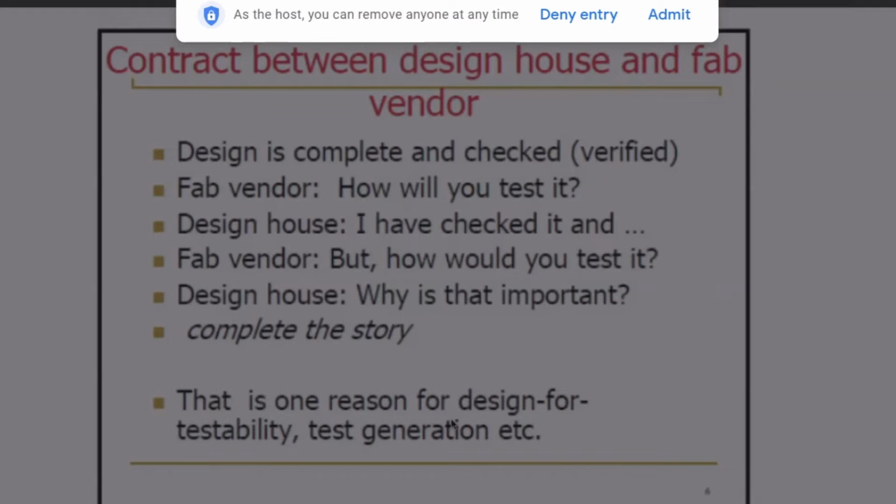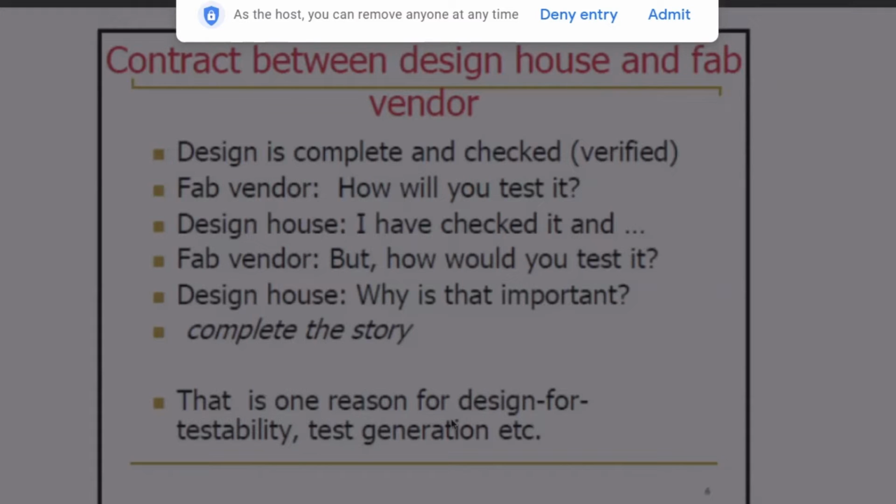Basically, this is about a conversation between a design house and a fabrication house. They have a contract, and the design house gives them the GDS2 file and other information about the design, and tells them to fabricate this design with this technology. While they fabricate the design, they ask whether you have gathered enough confidence metrics, whether you have tested the design.